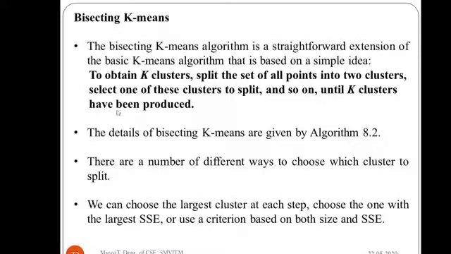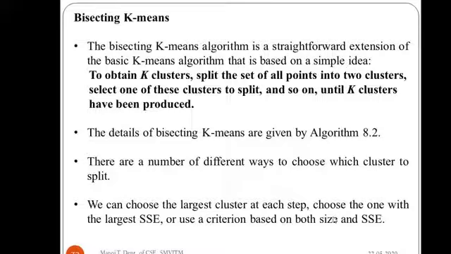Now the question is how we are going to choose which cluster to bisect. We can choose the largest cluster at each step, or choose the one with the largest SSE, or use a criterion based on both size and SSE.